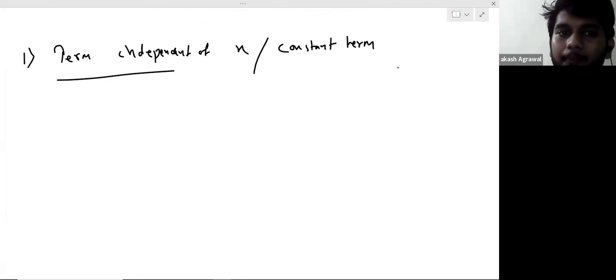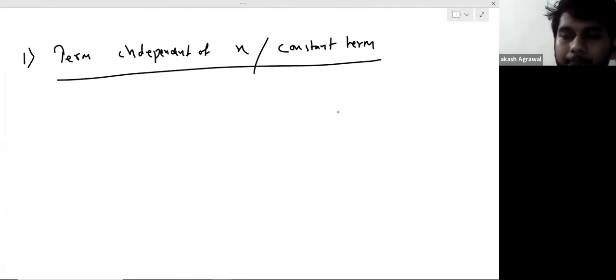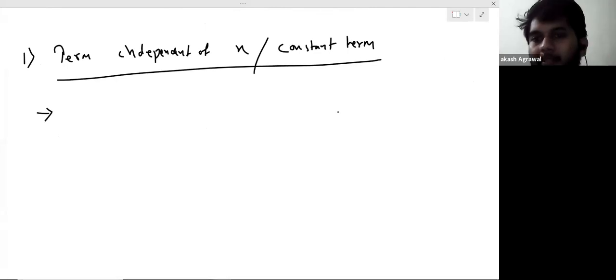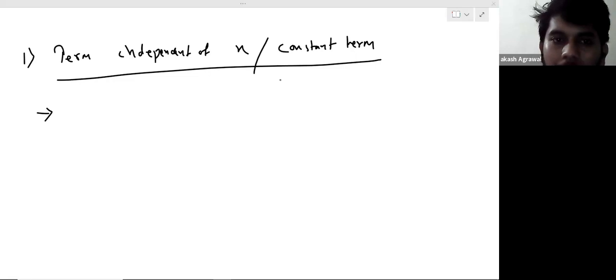Same thing. What will the question say? Independent of x or constant term. All right. So here, first you have to find r.